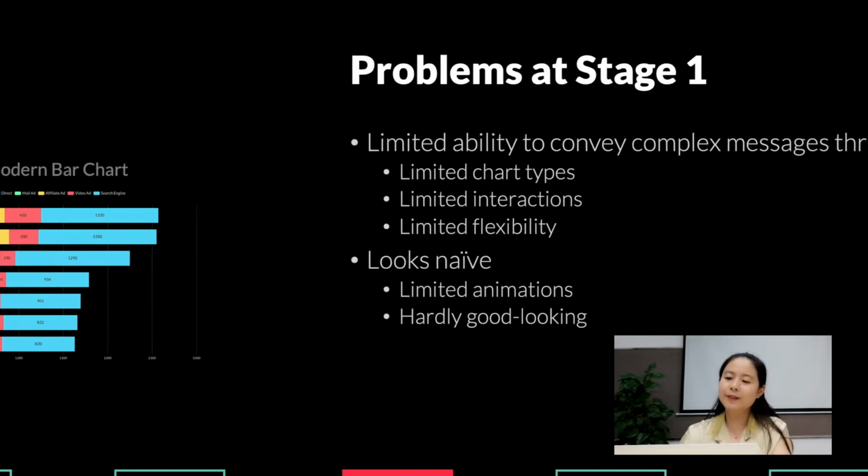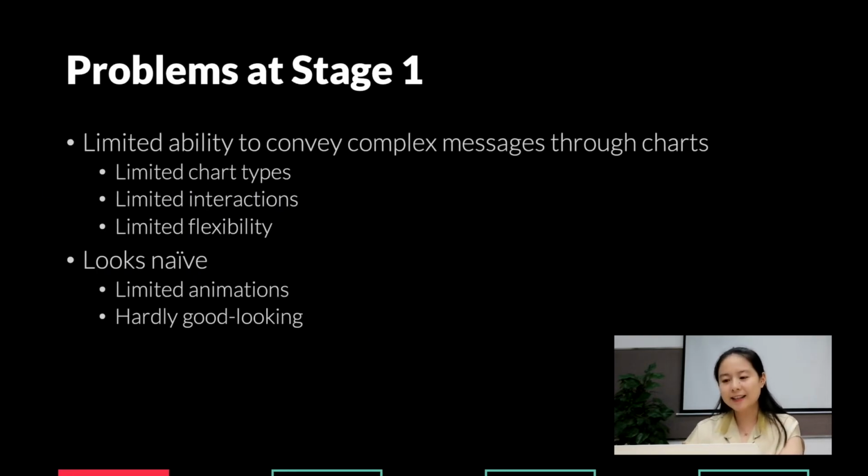We see in previous examples that charts at this stage were quite simple and had only limited functions. Chart types were limited to the most frequently used ones like bar charts, line charts, scatter charts, and pie charts. It had little interaction and served almost as an image.